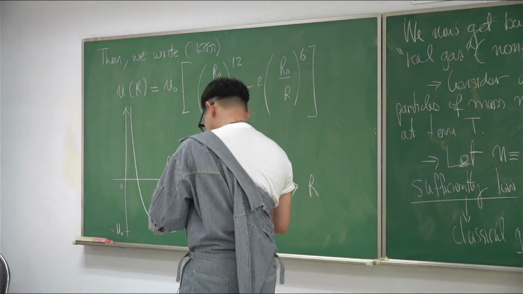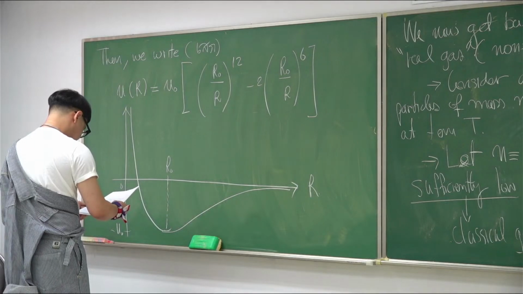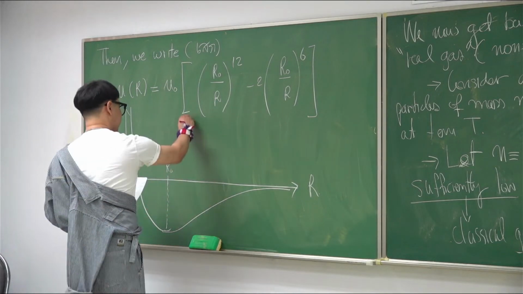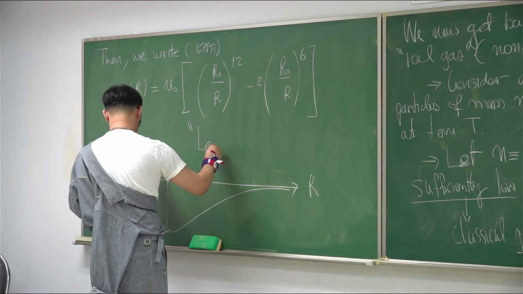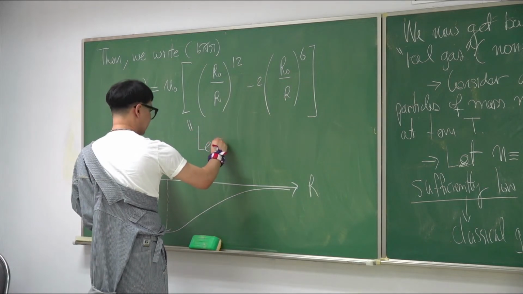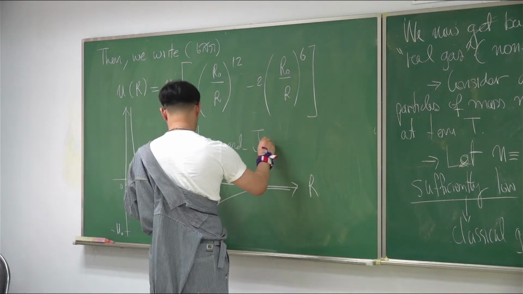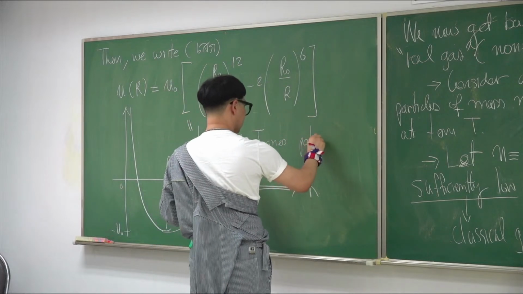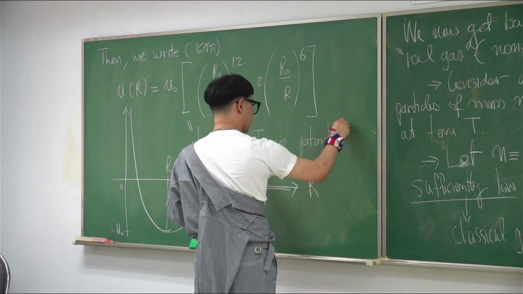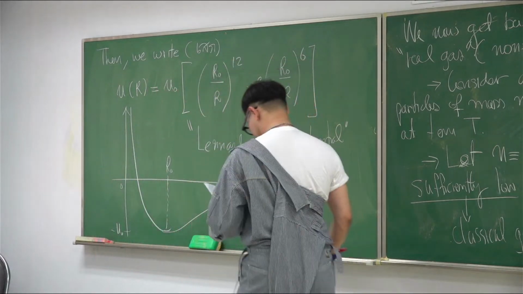So this is called the Lennard-Jones potential. You might probably have heard of it before.